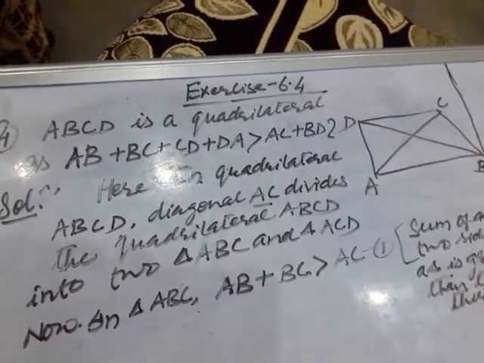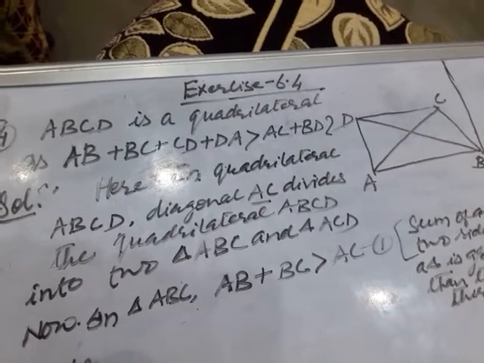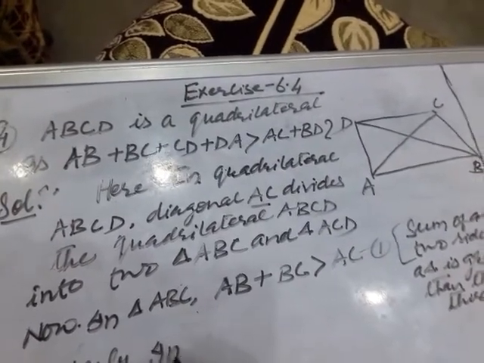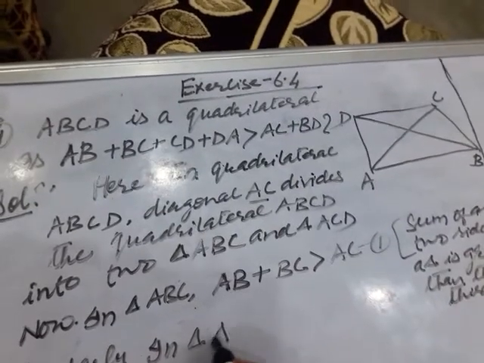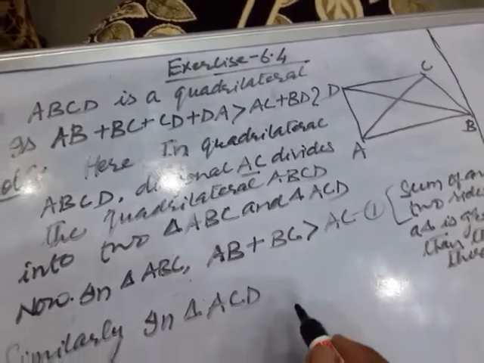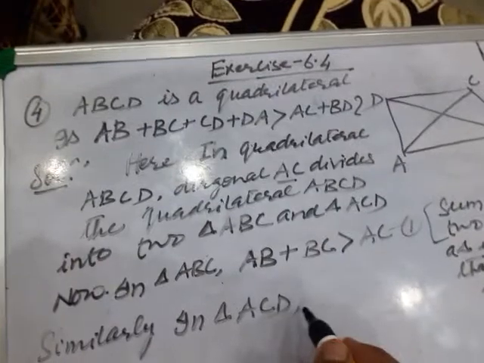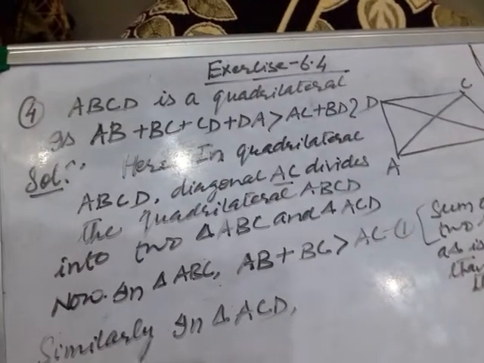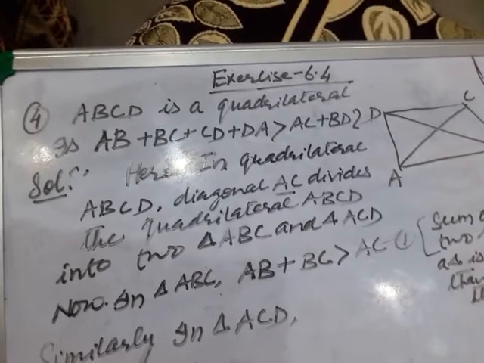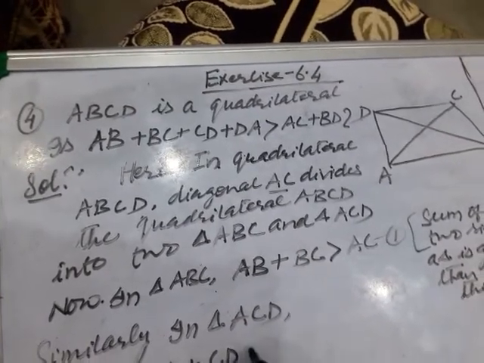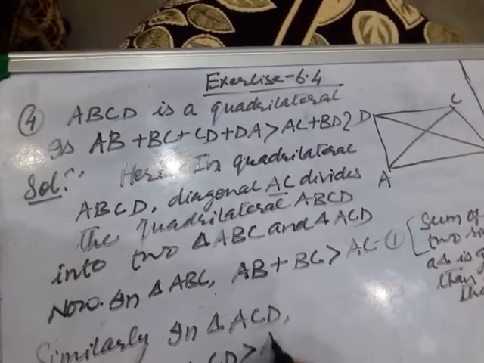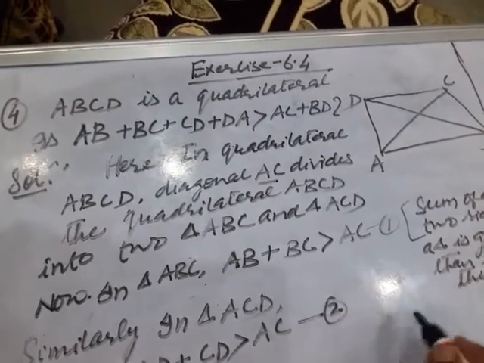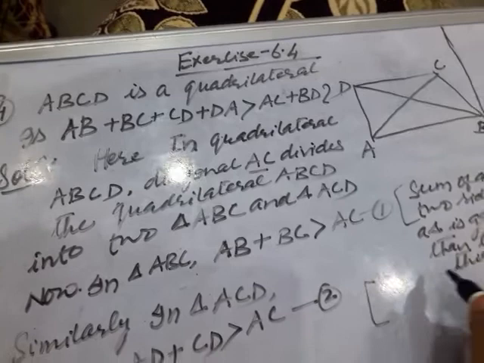Similarly in triangle ACD, what do we have? AD plus CD is greater than AC. Let it be equation number 2. Again the same reason. What is the same reason?